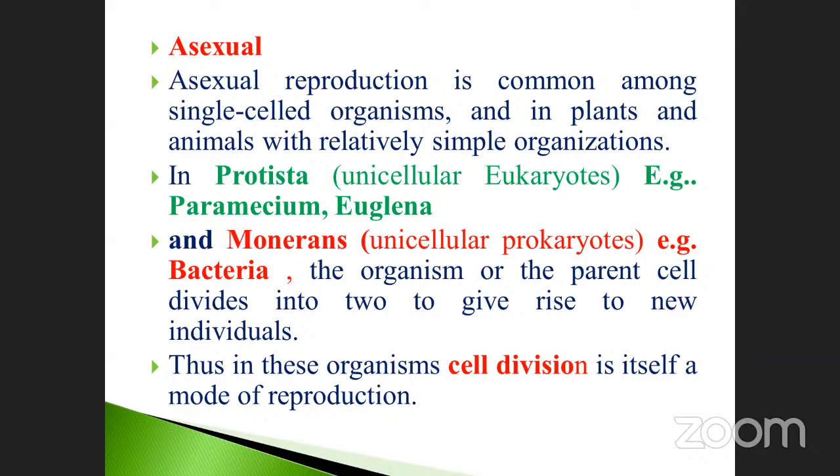Thus, in these organisms, cell division itself is a mode of reproduction. Take an example. During cell division, what are the physiological changes which occur in plants as well as animals? There are two things. What are they? Will you please? Anybody? During cell division, what will happen in the plant or animal cells?